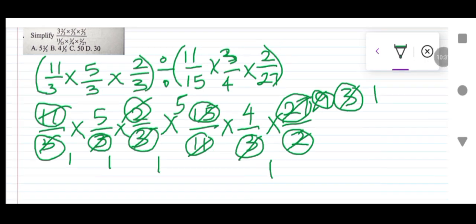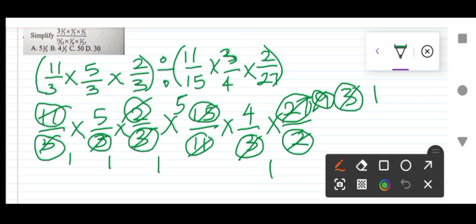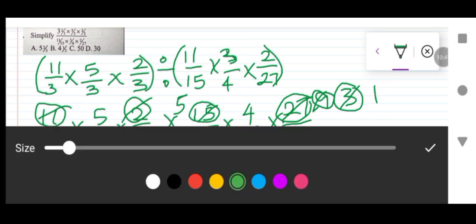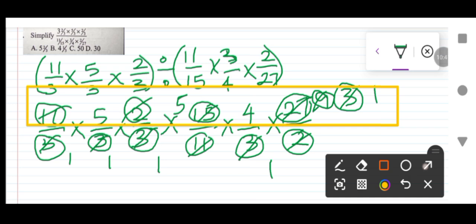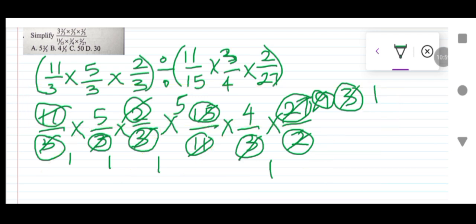So now let's see the numerator. So the numerator right here, we have all the values right here to be the numerator. So we can see what's remaining. 5 times 5, that's 25, times 4, that's 100, times 1, that's still 100. So we have 100 as the numerator. Now let's check the denominator right here.